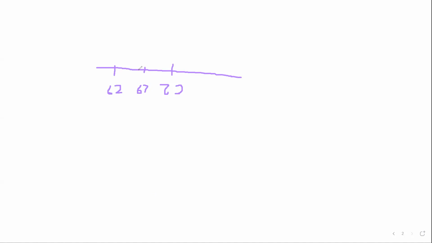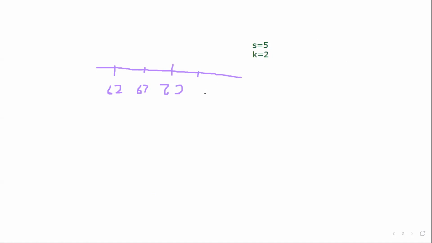And remember, my standard deviation S is 5 units, and my K here is 2.